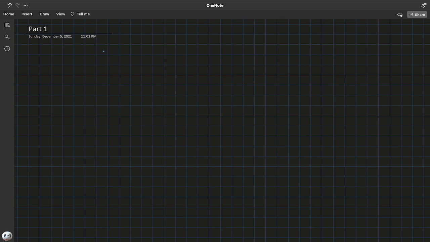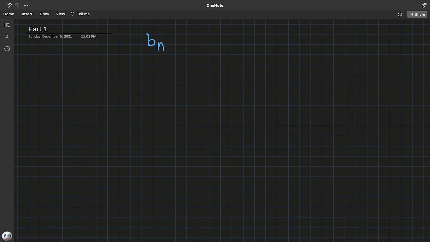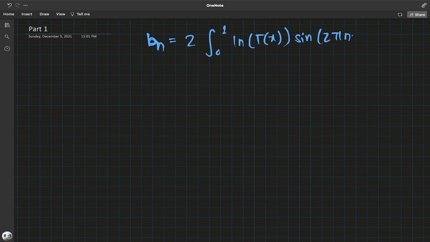Okay, so the integral we have to calculate is basically going to be this. It's going to be 2 times the integral from 0 to 1 of the natural log of gamma of x times the sine of 2 pi n x dx.